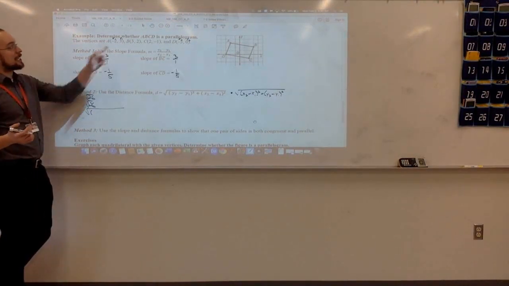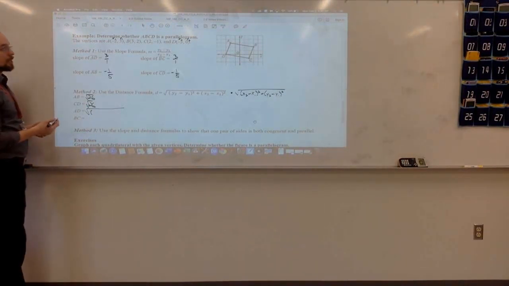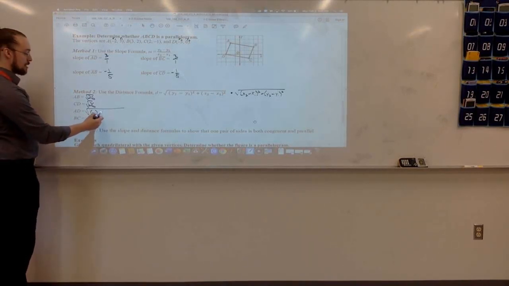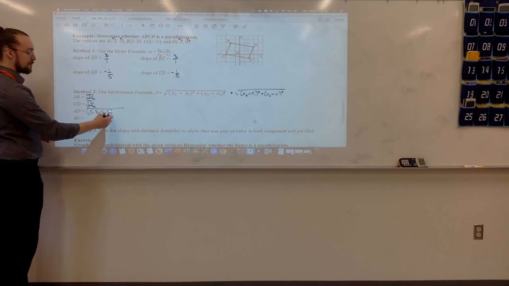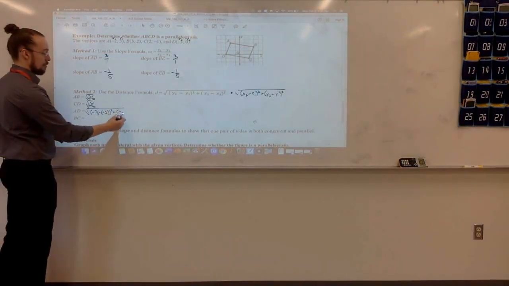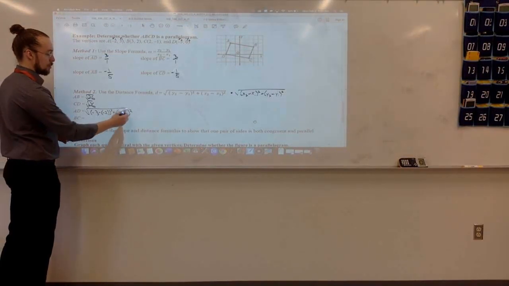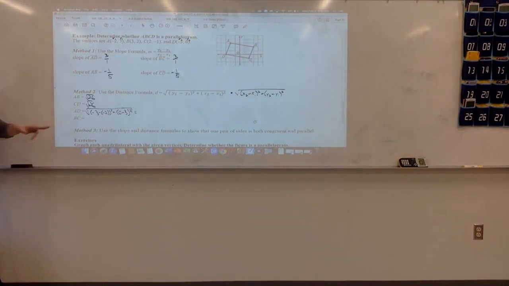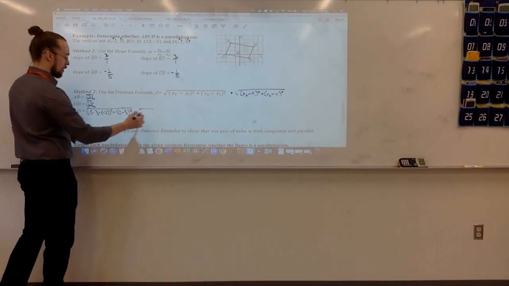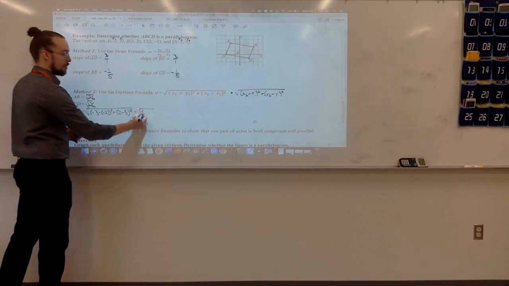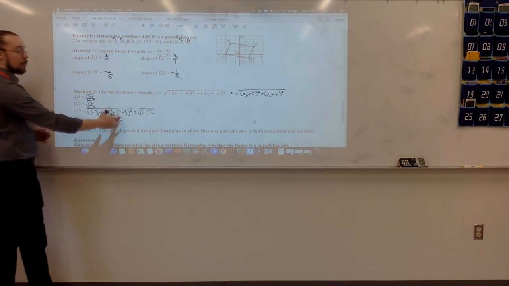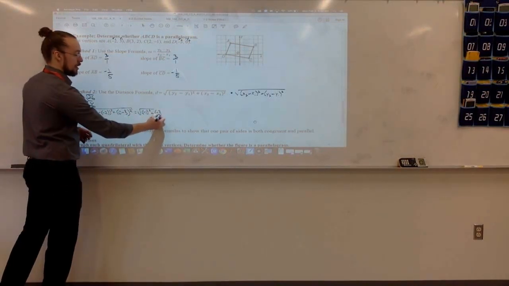So for AD, my distance, or my length, would be x2 minus x1 plus y2 minus y1 squared. And we're just doing the arithmetic. So -3 minus -2 would be -3 plus 2. So that would be -1 squared. Plus 0 minus 3 would be -3 squared.